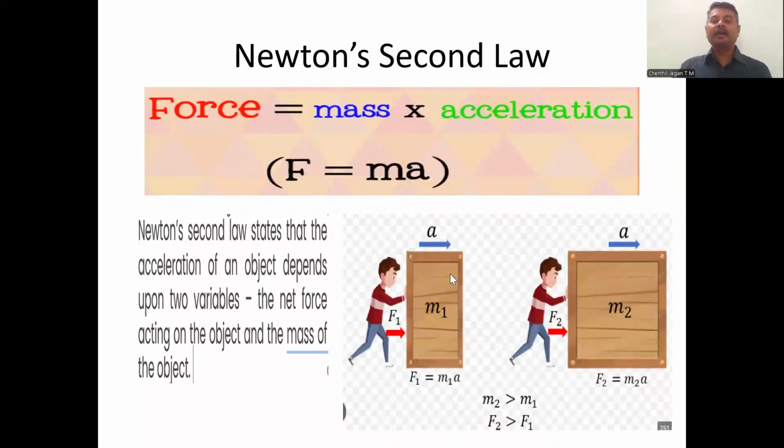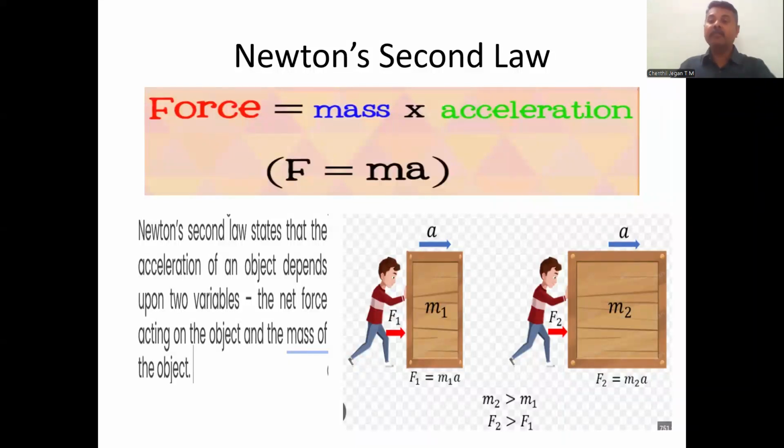Here there are two figures. Let us consider the first one. The mass of the object in the figure is m1, and the force we give on the object is F1. Compared with the second figure, the mass of this object is a little lower. That's why we give a smaller amount of force on the object, right? In the second figure, the mass of the object is a little bigger compared with the first one.